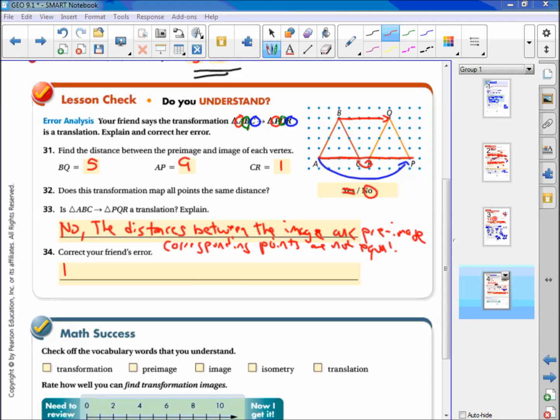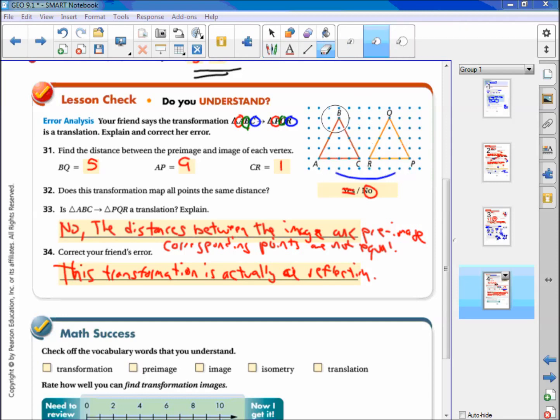This transformation is actually a reflection. We'll learn about how reflections work later, but a quick explanation is, think of this as a mirror, and if we reflect it, then we flip this.